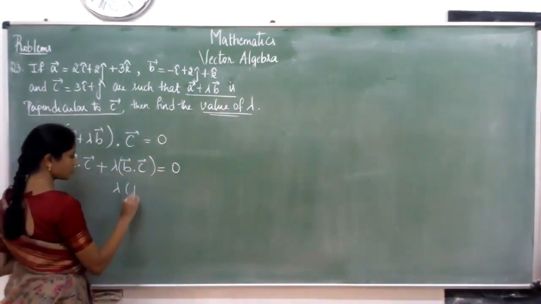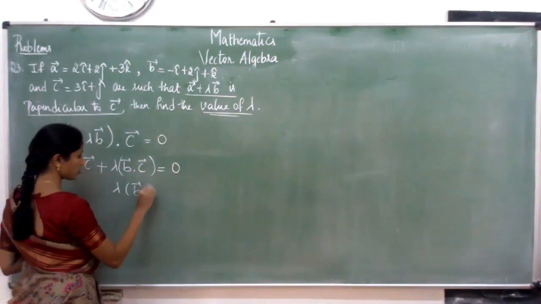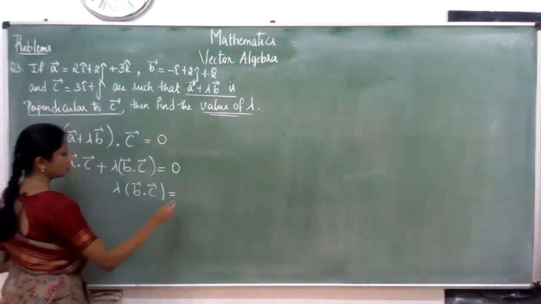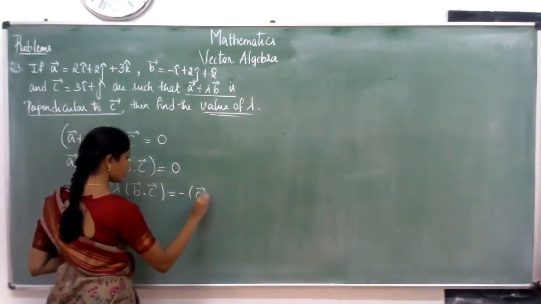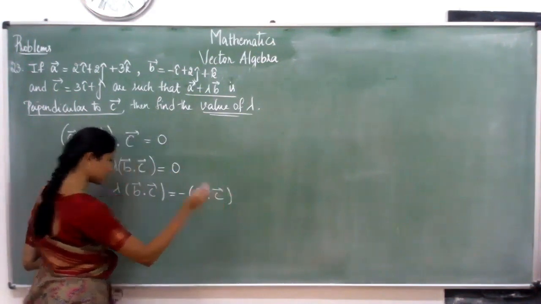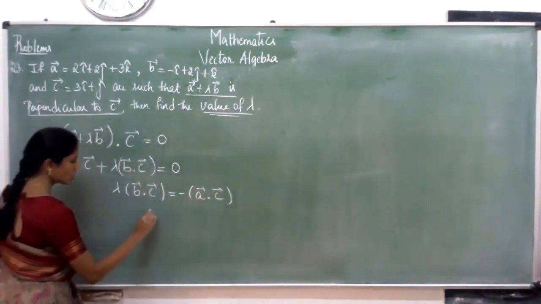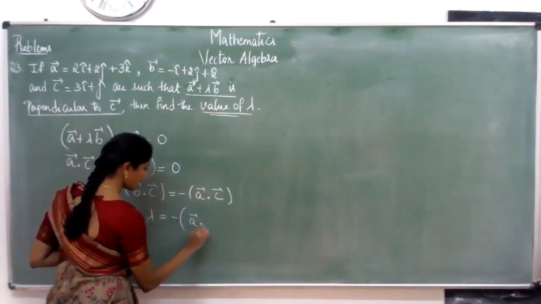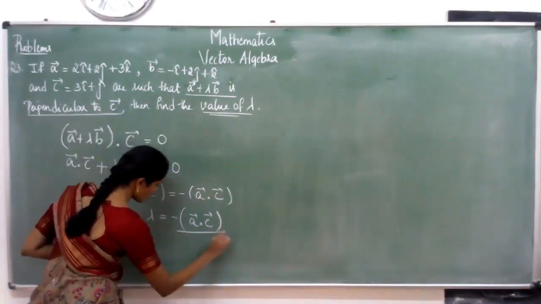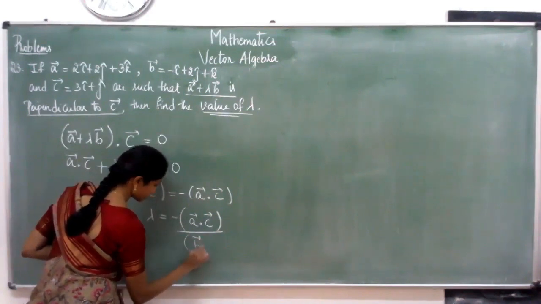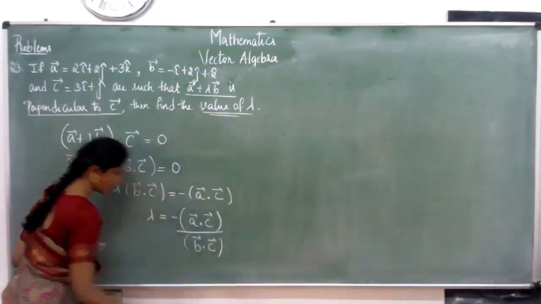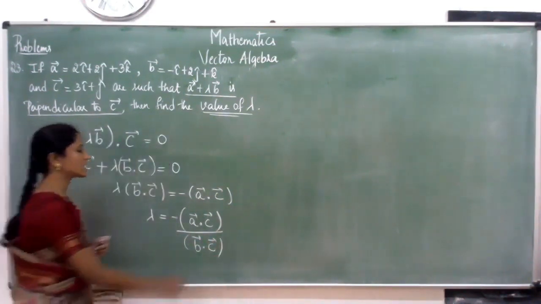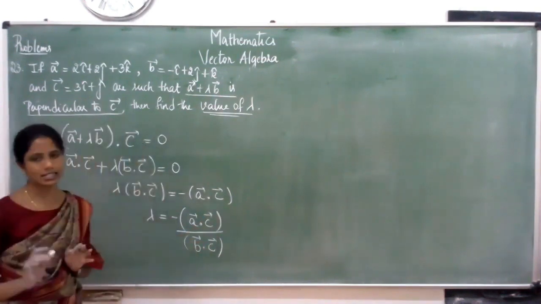Therefore, lambda times vector B dot vector C is equal to minus of vector A dot vector C. Therefore, lambda is equal to minus of vector A dot vector C whole divided by vector B dot vector C. Don't cancel this C and C.